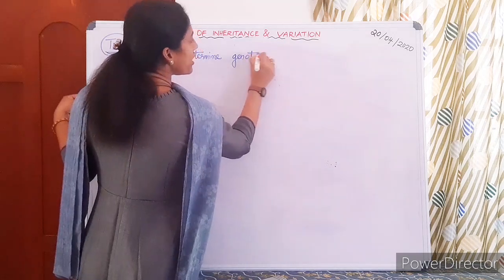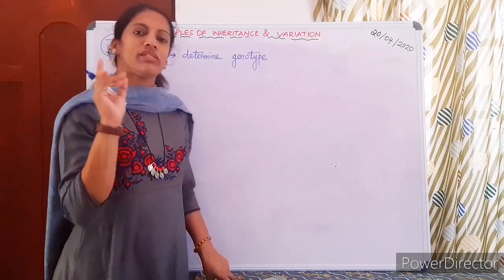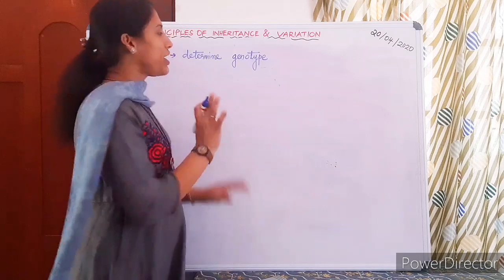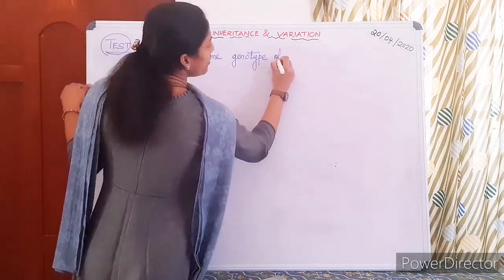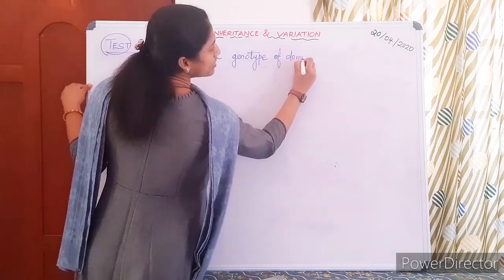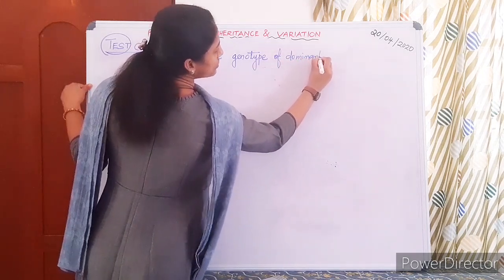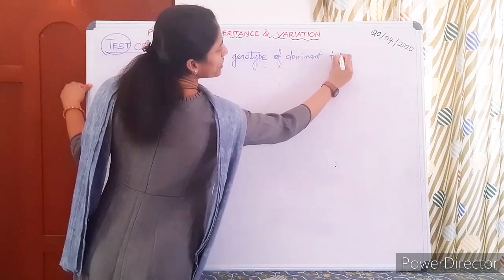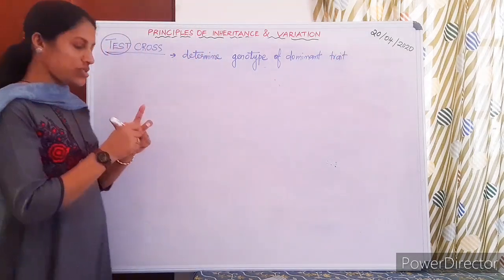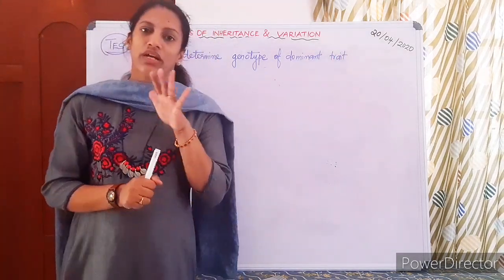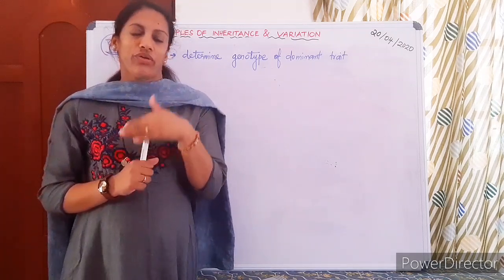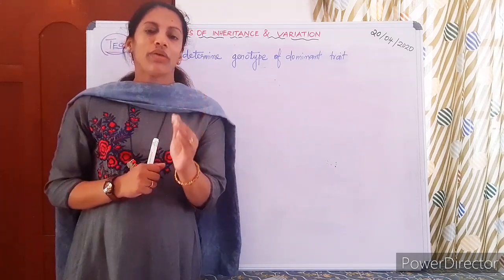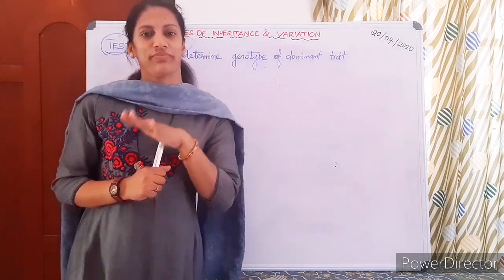If it is a dwarf, we can tell the genotype because there is a single genotype. For a dominant trait, in order to find out the genotype, we have only one way, that is test cross. So how can you define a test cross? A test cross is a cross carried out to identify or determine the genotype of a dominant trait.